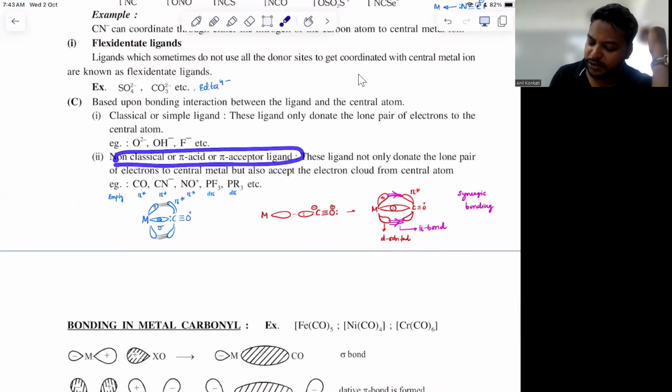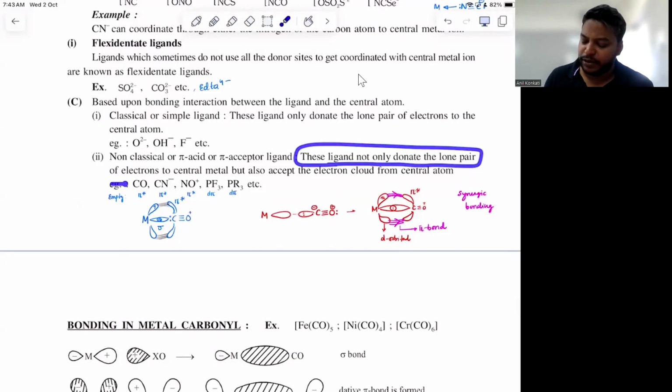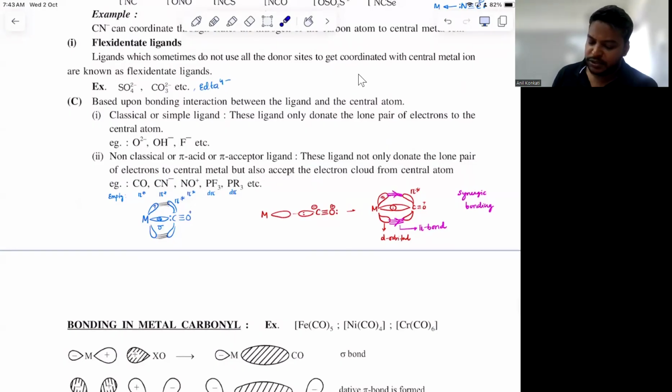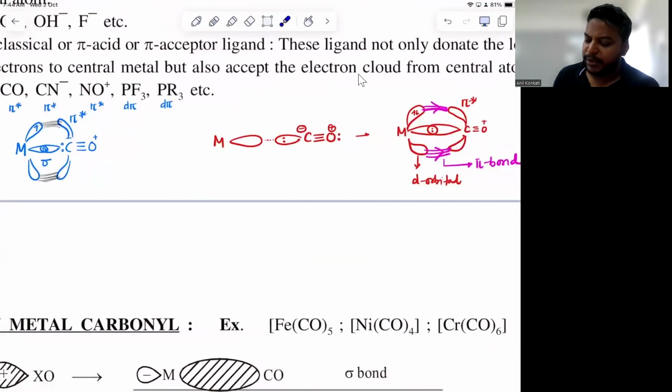Non-classical or pi acid or pi acceptor ligands are those which not only donate the lone pair of electrons to the central metal, but also accept electron cloud from the central metal atom. Specifically, carbon monoxide, cyanide, PF3 or PR3, etc. You will notice that the metal, from the back end, will always back-donate into the pi star orbitals or empty d orbitals.